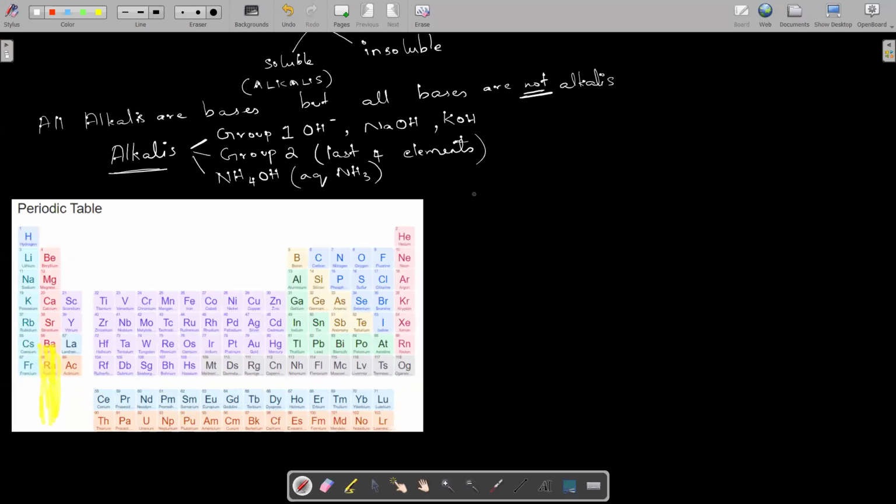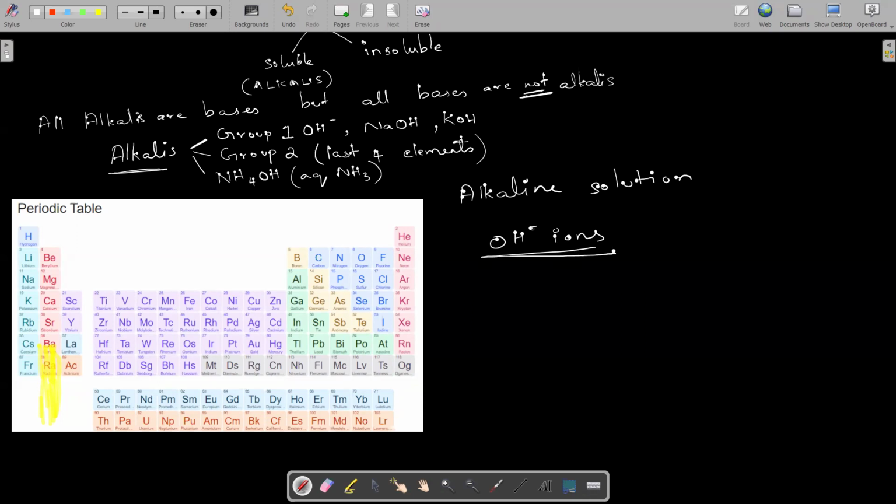Now remember that an alkaline solution will contain an excess of hydroxide ions. I think this must be clear by now. So they contain excess of hydroxide ions.